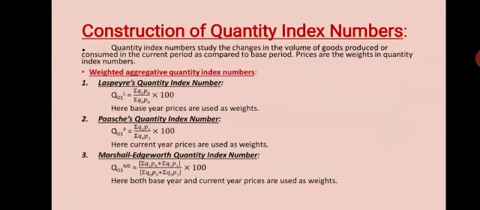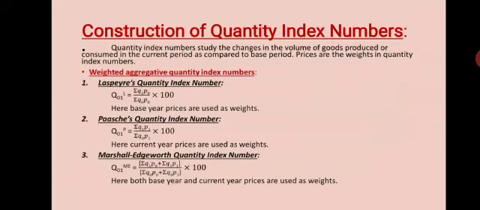In that, first one, Laspeyres' quantity index number. The Laspeyres' quantity index number formula is Q01 of Laspeyres, which is equal to summation Q1 P0 divided by summation Q0 P0 into 100. Here base year prices are used as weights.